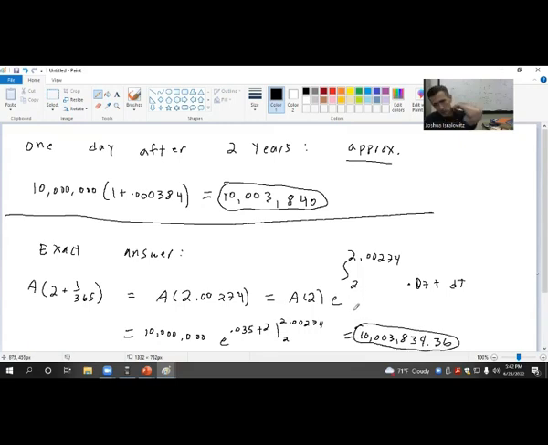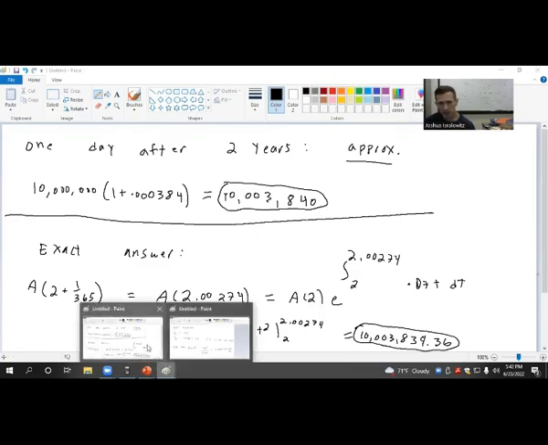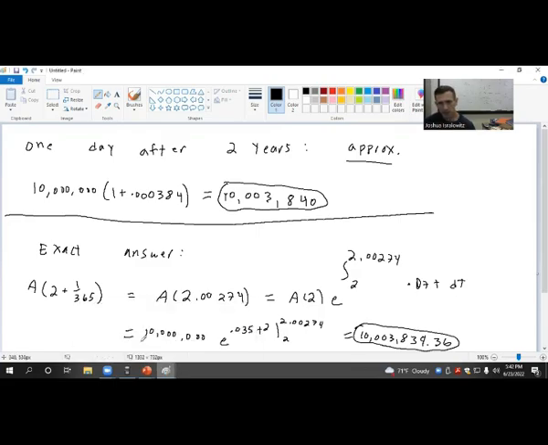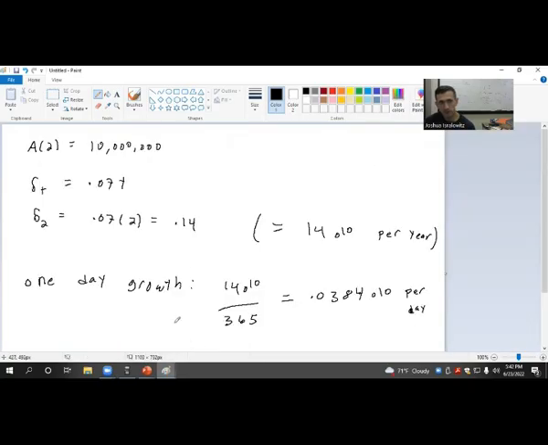All right, just to recap real quick, if it still doesn't make sense. I have after 2 years, 10 million. This is my force of interest function. The force of interest, which is the same thing as the instantaneous relative rate of change, is 0.14 at t equals 2.